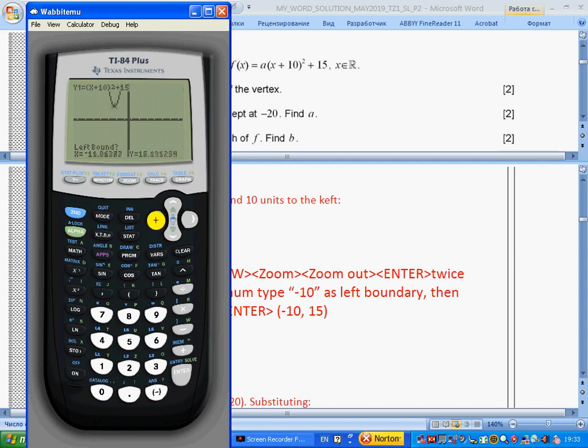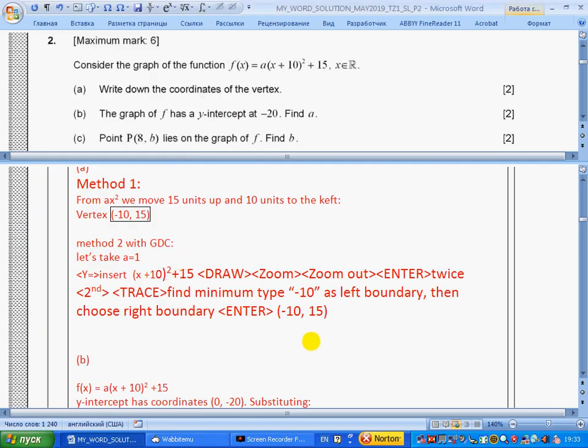So the left boundary is somewhere here. We press Enter. Then we go to the right boundary. We press Enter. We press Enter again, and after some guess, we get minus 10 and 15. The same value, minus 10 and 15.